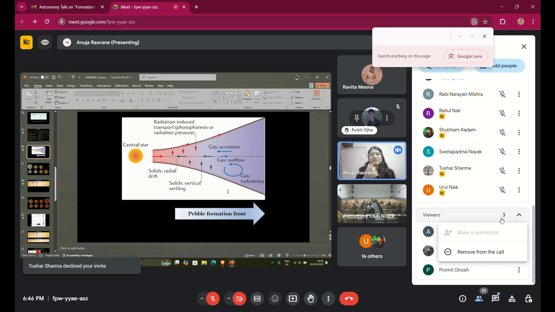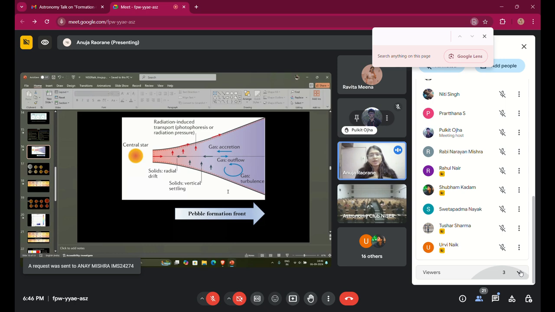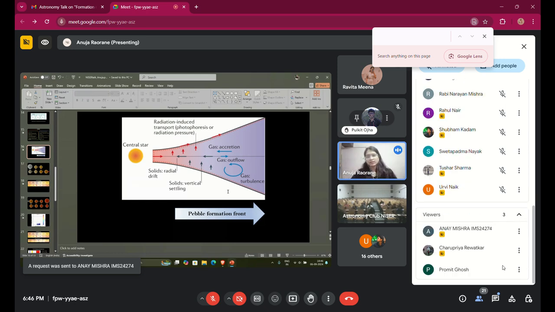We did this to save computational expense. Ideally the pebbles are there in the system from the beginning, or rather the dust starts coagulating and slowly the pebbles are formed as time goes ahead.